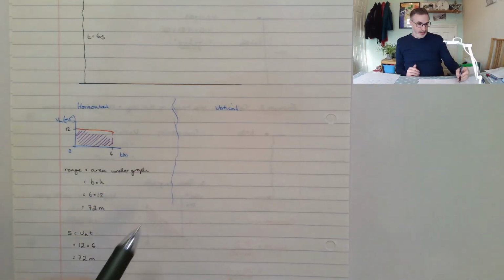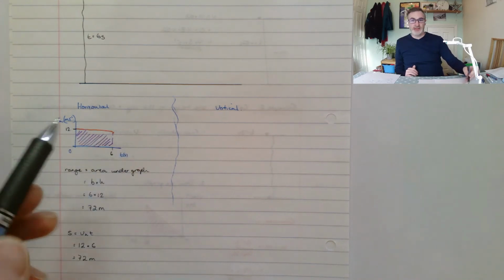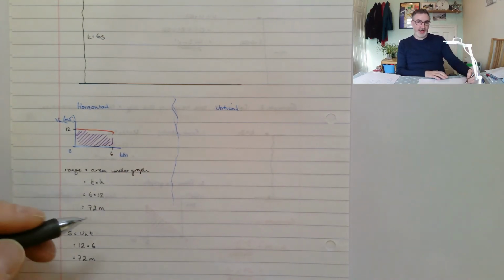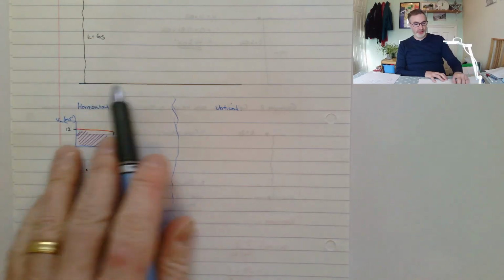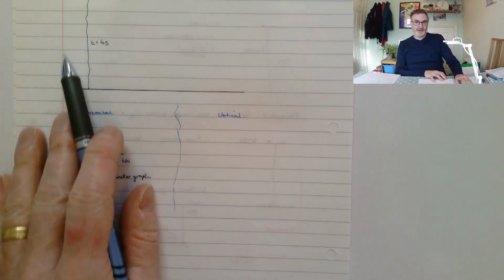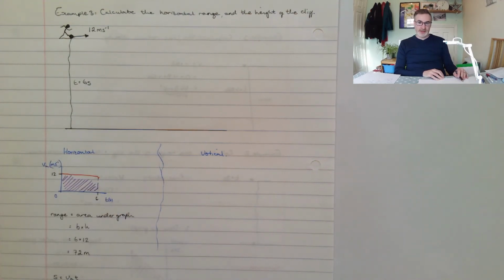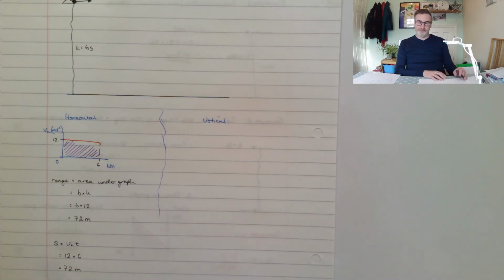I don't think I would ever try drawing out a velocity time graph here. Just keep it as simple as you can. The simplest method of working out horizontal range, if you have the horizontal velocity and a time, is you just use speed distance time and move on.